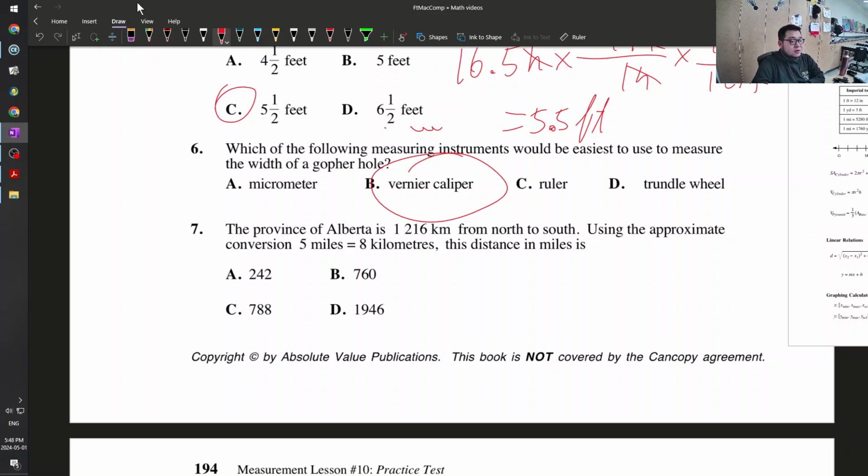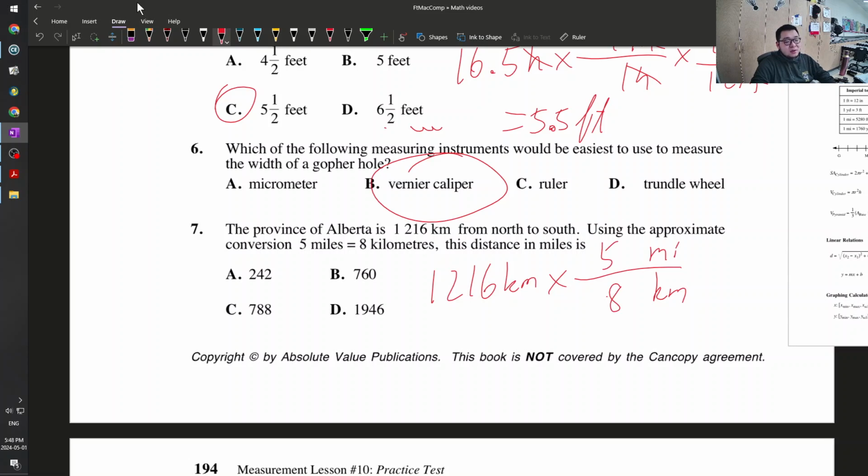7. The province of Alberta is approximately 1216 kilometers from north to south. Use the approximate conversion of 5 miles equals 8 kilometers. What is the distance in miles? So 1216 kilometers multiplied by the conversion factor. Kilometers will be on the bottom because I want it to cancel, and miles will be on the top. 8 kilometers equals 5 miles.